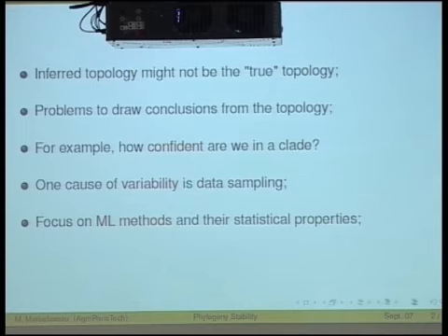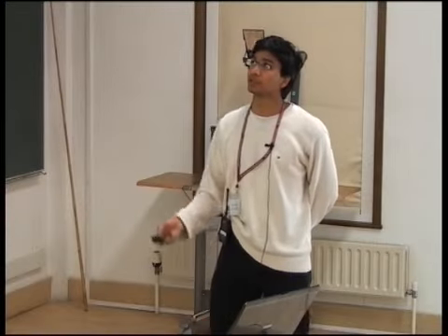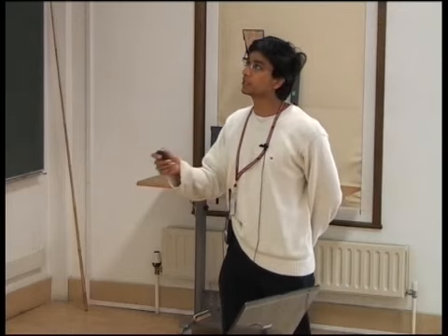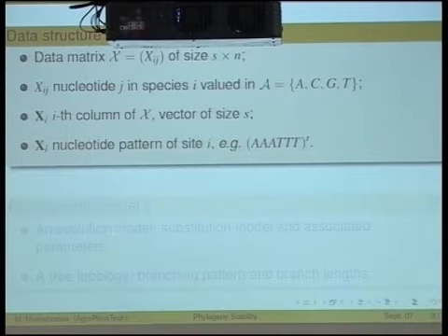So I'm sorry, but I need to introduce some notation. I hope it's not too horrible, but you might be familiar with most of it. The data matrix is just the alignment.